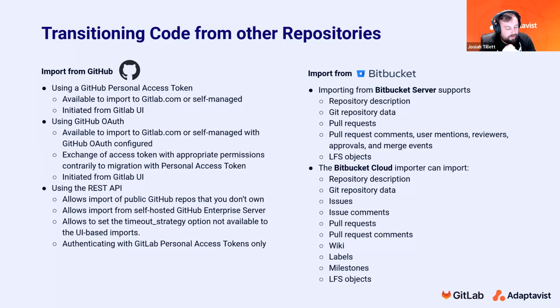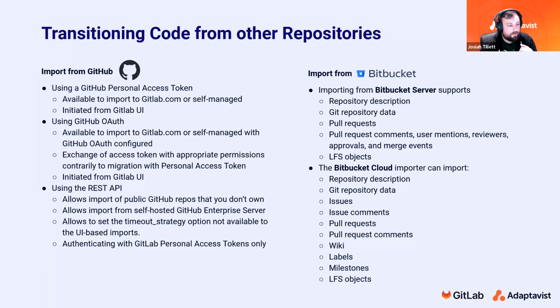In GitLab, your methods are you can use your access token, you can use OAuth, you can use a REST API if you have API access to a GitLab instance. You can import your repository data, pull requests, comments, user mentions, reviewers, approvals, all of your project information.